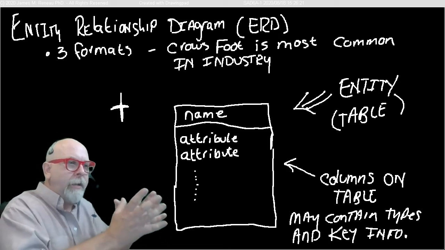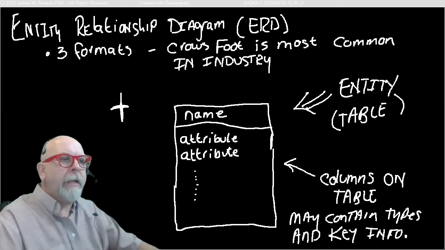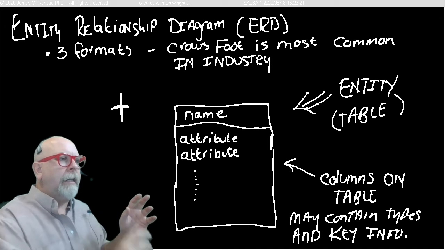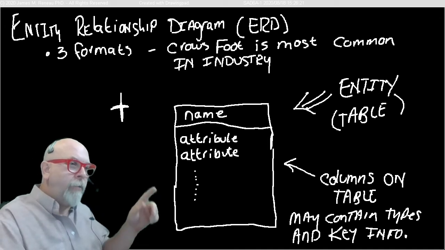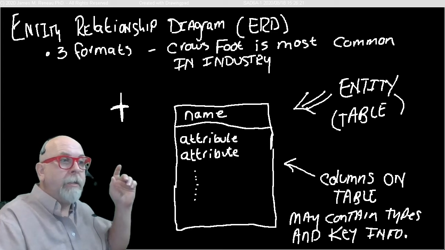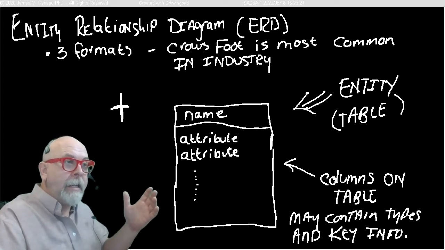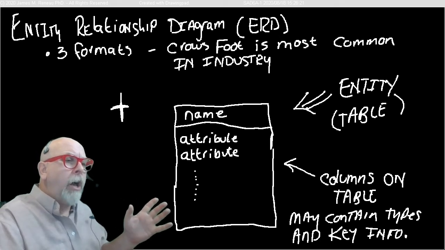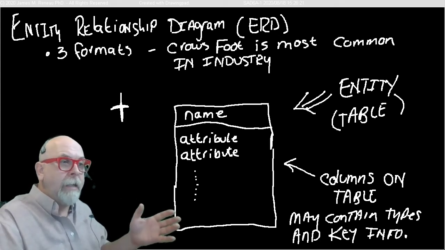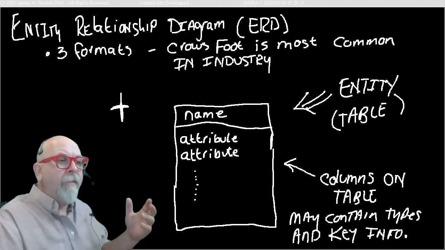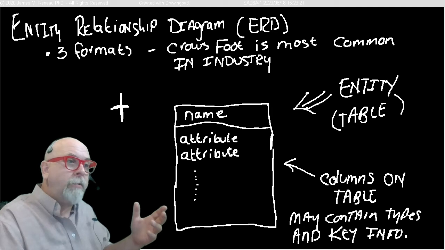There are some crazy examples, but entities are represented by a rectangle, with a bar across the top where we put the name of the entity, and then we list the attributes of the entity, which we'll talk about in a subsequent video.